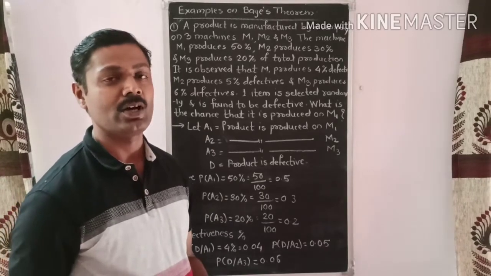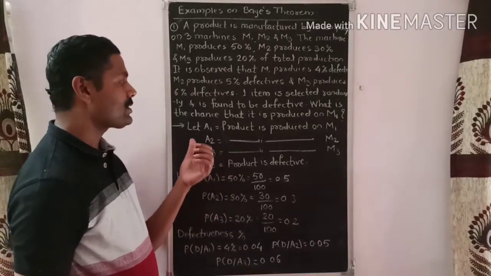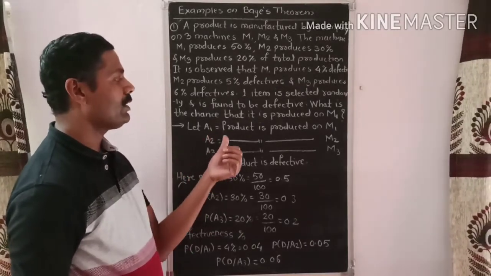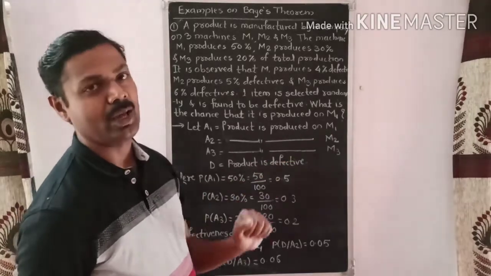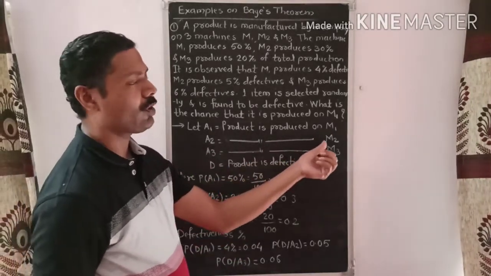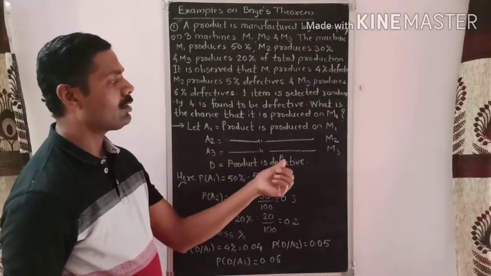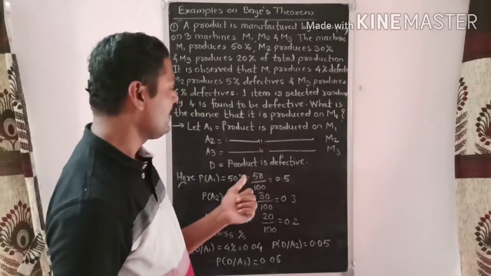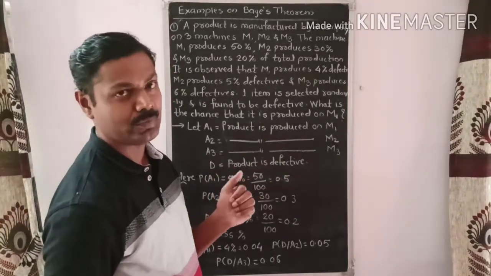Let us consider A1, the event that the product is produced on machine M1. A2 is the event that the product is produced on machine M2. A3 is the event that the product is produced on M3, and D is the event that the product is defective.